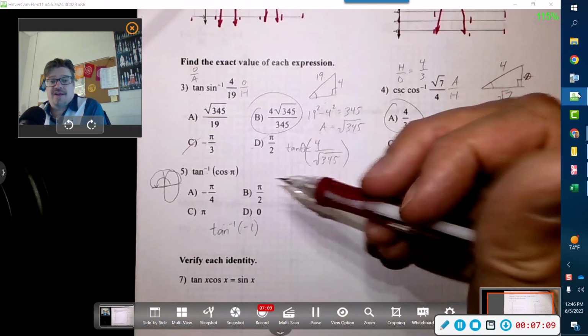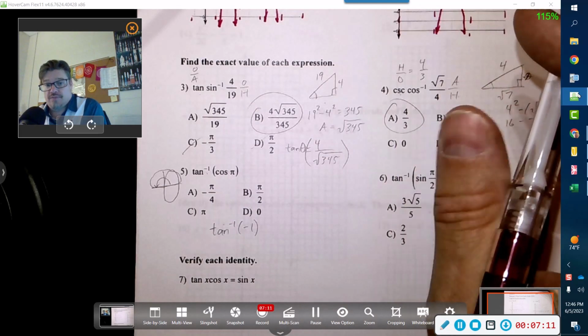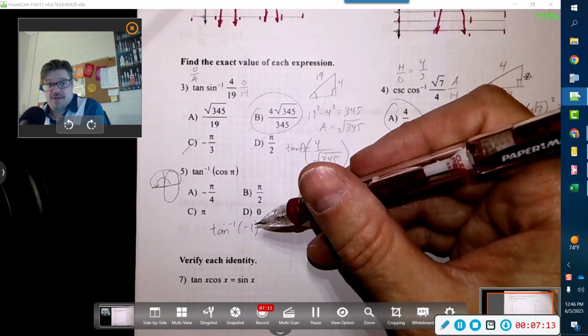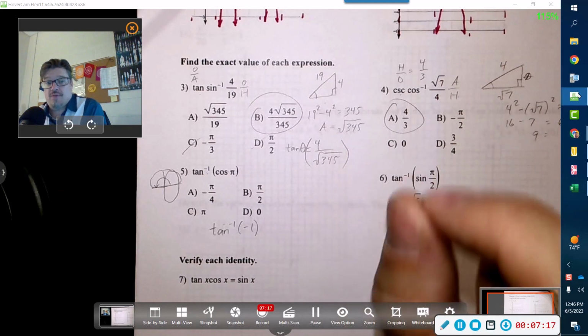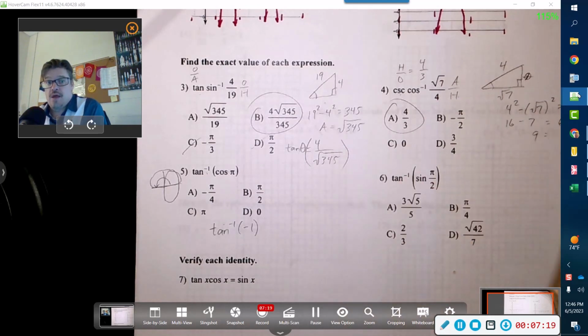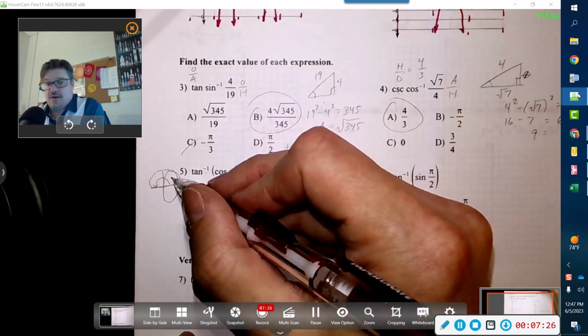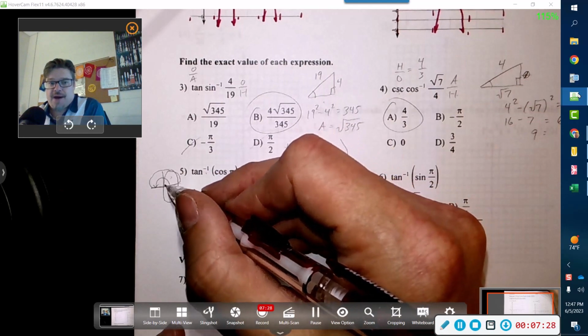So what we've got to do is figure out what quadrant is tangent -1 when I put the sine over the cosine. If you remember, tangent equals 1 when both the sine and the cosine are the same values. But it also has to be negative. So here, they would both be positive at pi over 4.